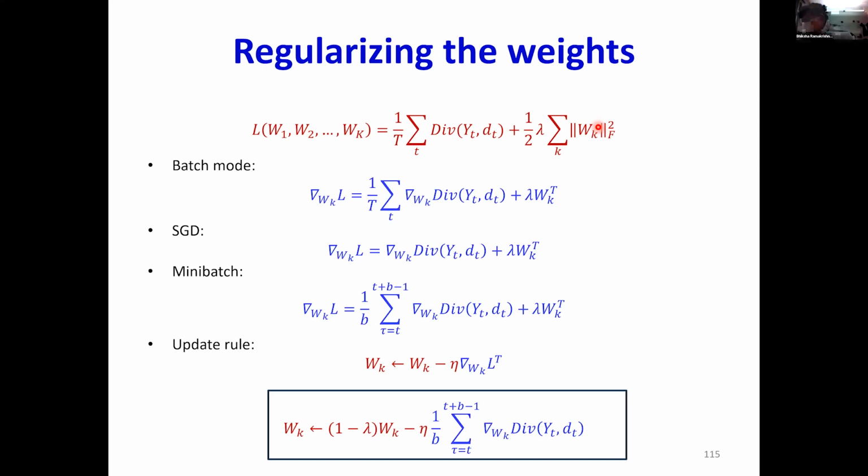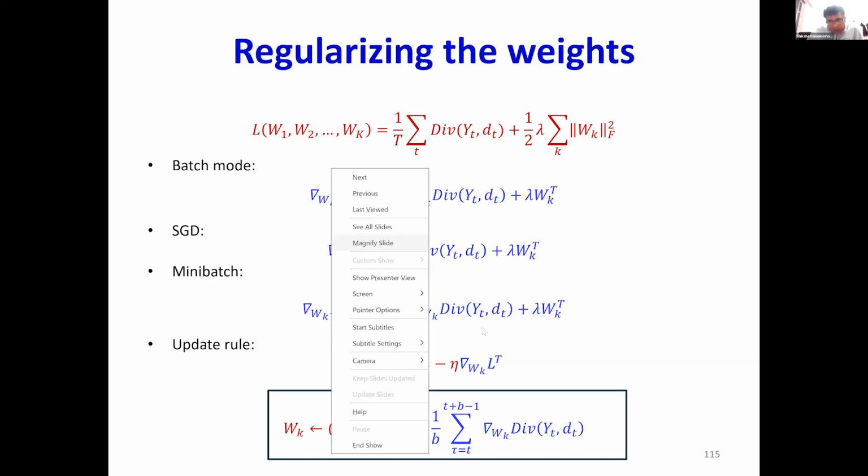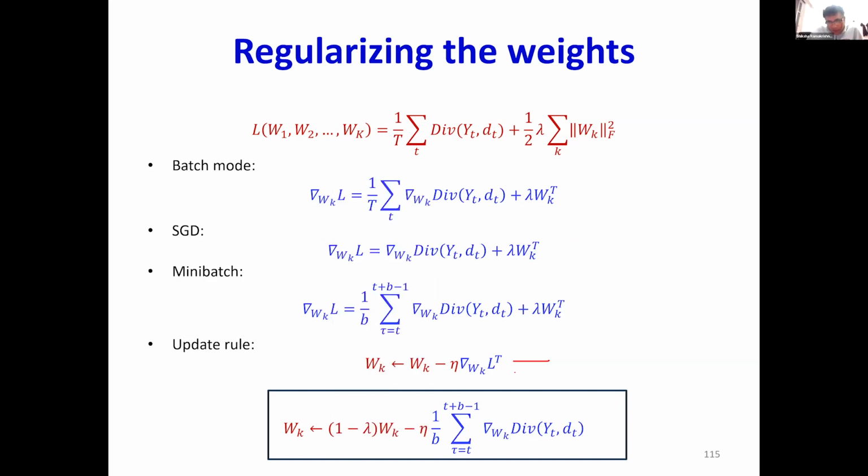Lambda is something that you would fix. So the update is going to be, if I can write, W_k minus the standard eta times the standard derivative, the gradient, minus lambda times W_k.